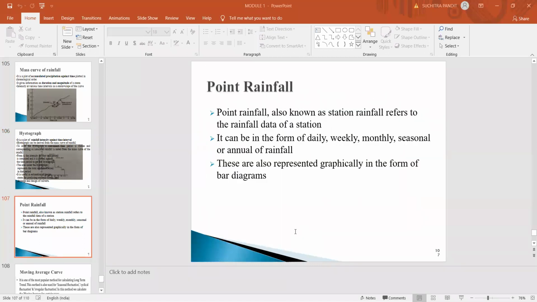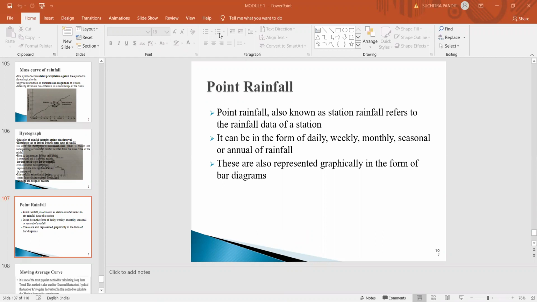Now, for any hydrological investigation or analysis, the rainfall is considered as a point rainfall. Similarly, in the analysis of external forces acting on any member, we consider the forces as point forces.